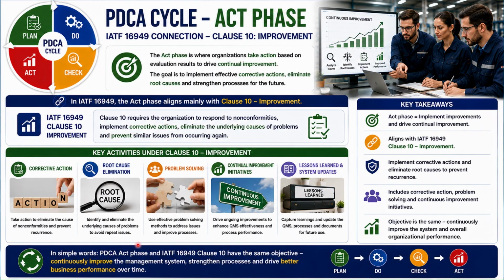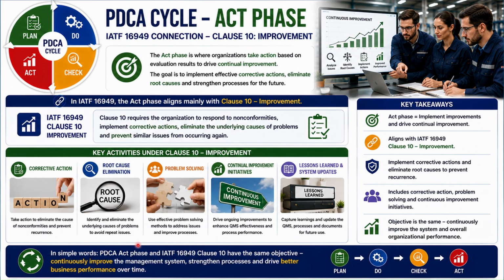When we compare the PDCA cycle with IATF 16949, the ACT phase aligns primarily with Clause 10, improvement. Clause 10 requires organizations to respond to nonconformities, implement corrective actions, eliminate the underlying causes of problems, and prevent similar issues from occurring again.